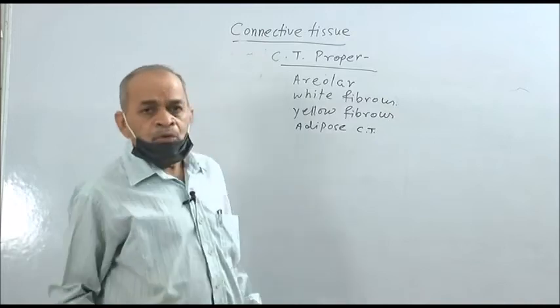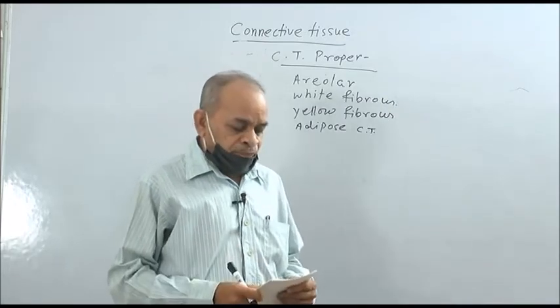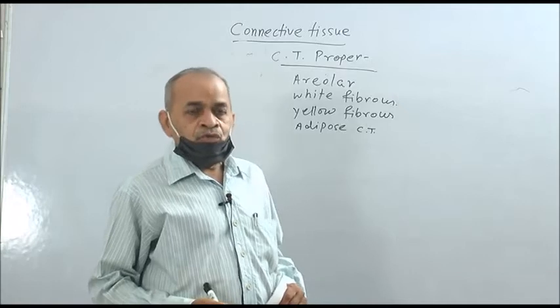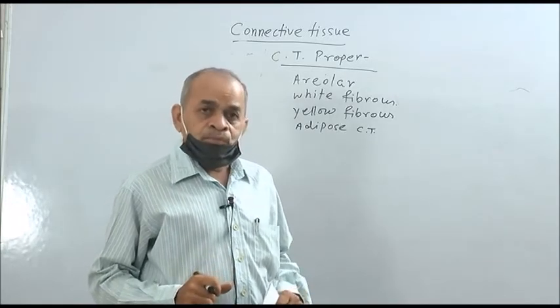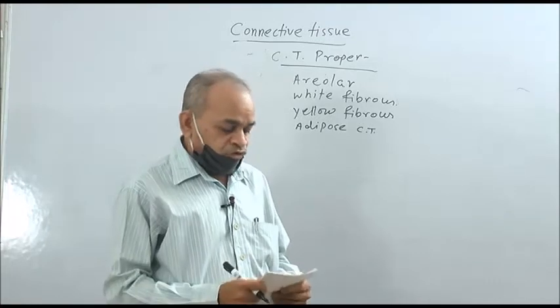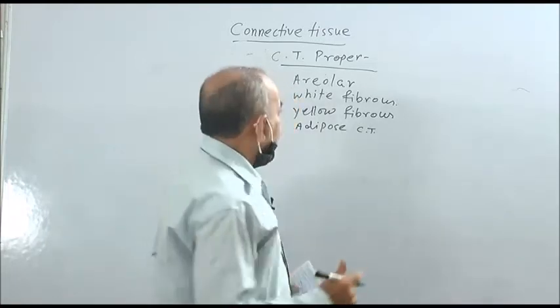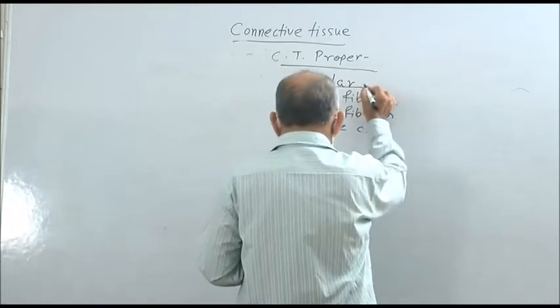So, these are four major types: areolar connective tissue, white fibrous connective tissue, yellow fibrous connective tissue, and adipose connective tissue. First is areolar connective tissue.